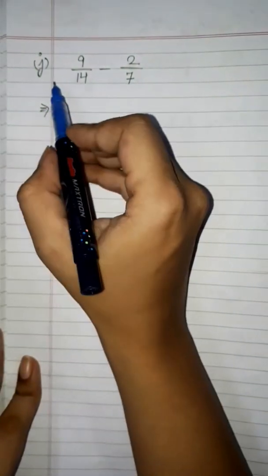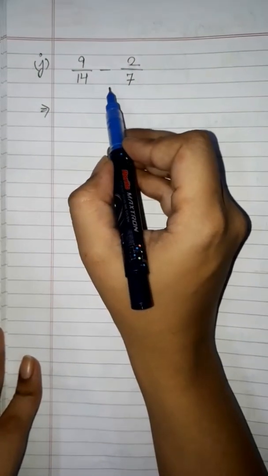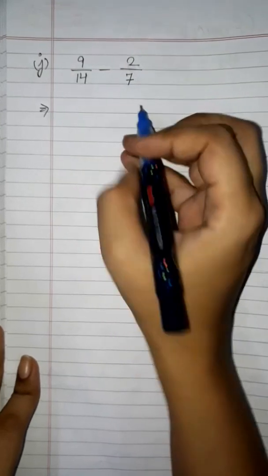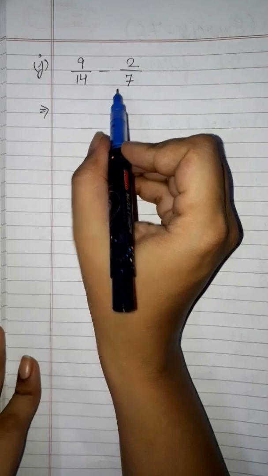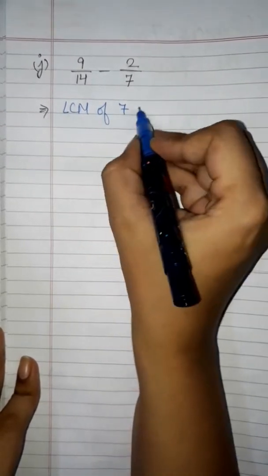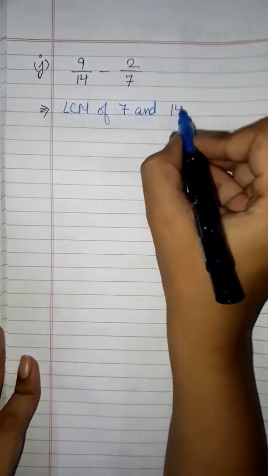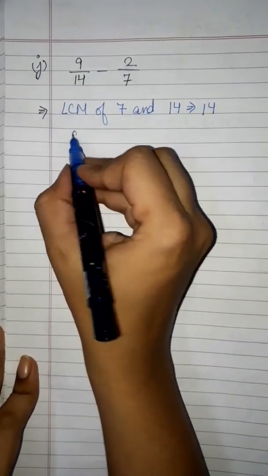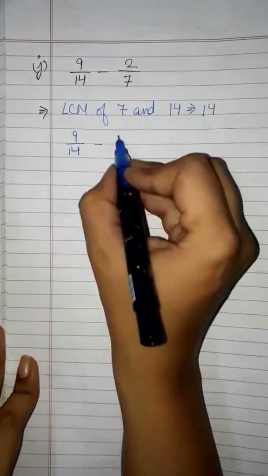Now see the J part. This you have to do the subtraction of unlike fractions. Both are unlike fractions. So here we need to get the LCM. LCM of 7 and 14. So what we get? 14. Now this is already 14. Now this we need to make.